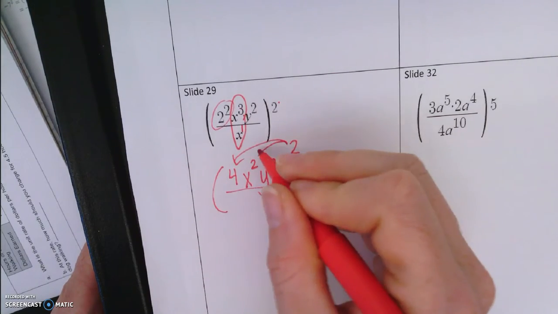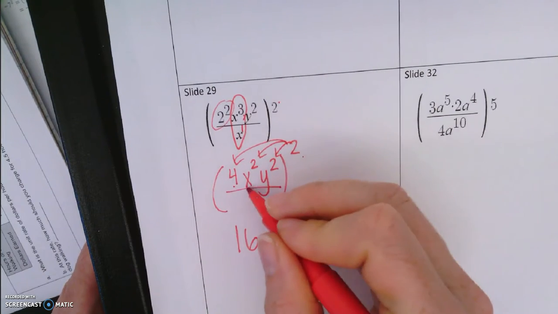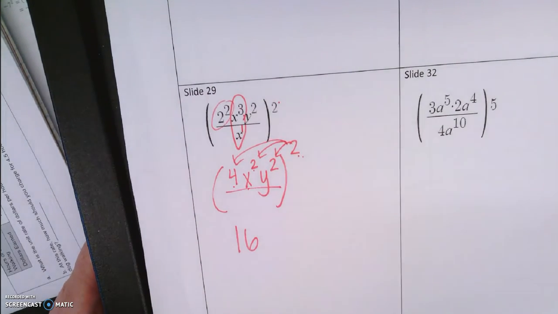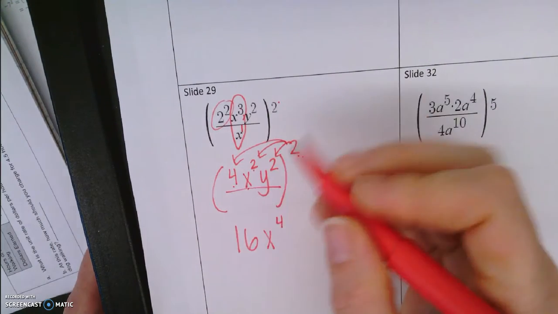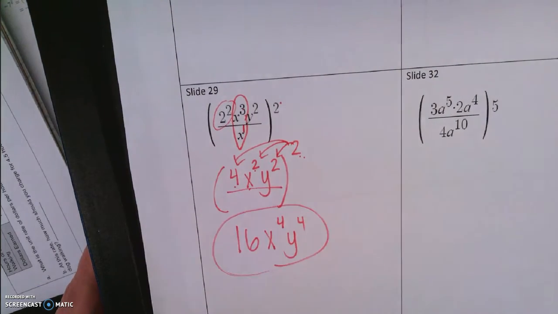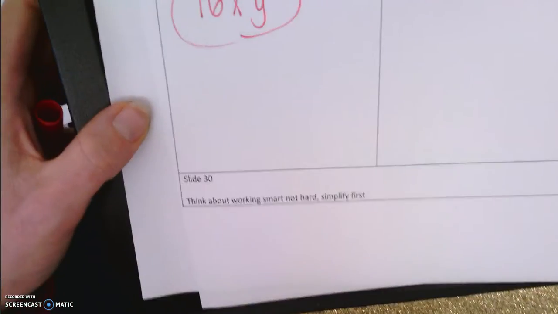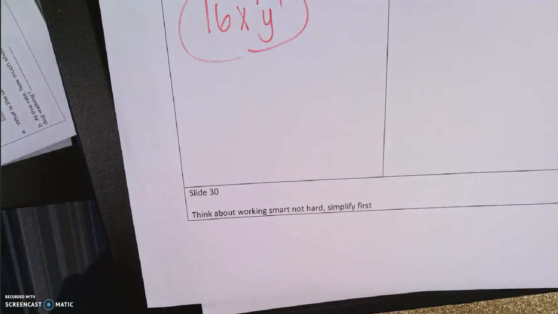That exponent needs to be applied to each factor. 4 squared, 16, x squared, raised to the 2nd, power to a power. You multiply the exponents, x to the 4th, and again, power to a power, y to the 4th. Final answer. Slide 30 was just a quick slide thinking about working smart, not hard, and simplifying first inside the parentheses, just like on slide 29.